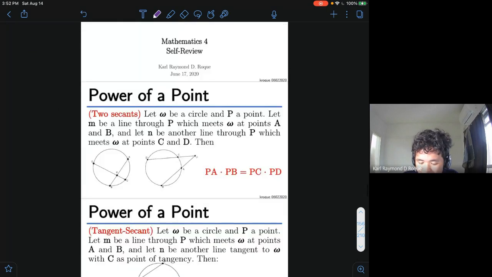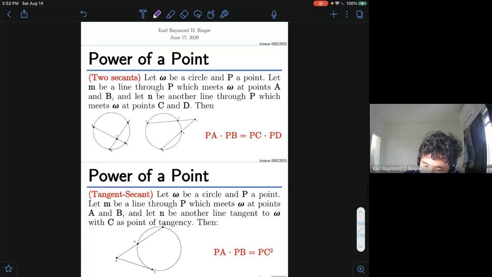Okay, next. Power of a point. Meron tayong point at may mga segments na connected to this. Because of this point, we can derive various relationships. So kahit nasa loob or nasa labas man yan, alam natin na PA times PB equals PC times PD.